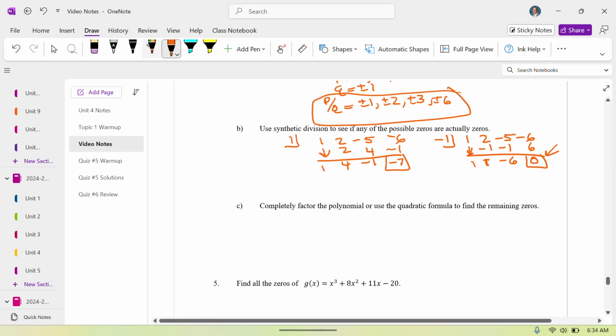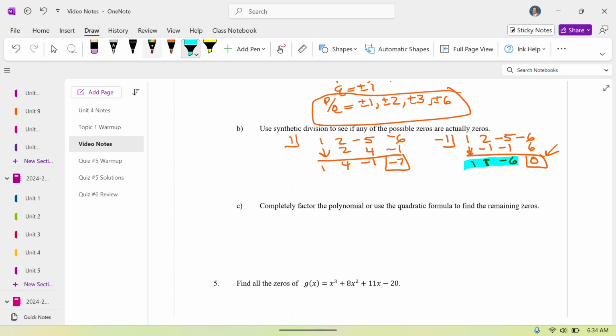Now you're going to take the remaining polynomial here, which is going to be x squared plus x minus 6, and set it equal to 0. And then you factor it. So you get x plus 3 and x minus 2.